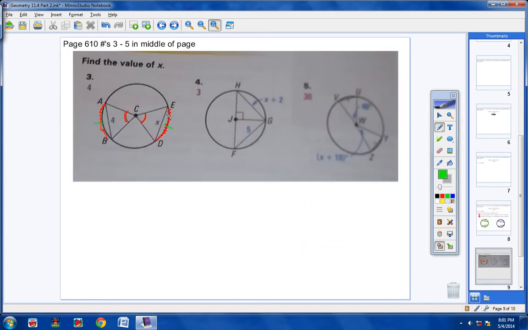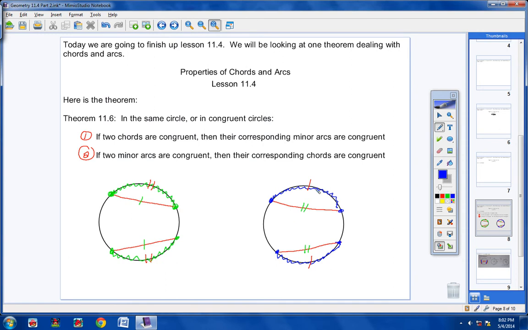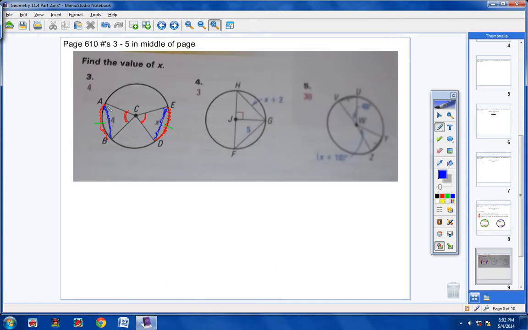So if this arc ED is congruent to this arc AB, then this chord right here, the chord that formed the arc, has to be congruent to that chord. If an arc is congruent to an arc, then its two chords are congruent. So if this chord here has a length of 4 and this chord here is x, x has to equal 4. So the answer is 4.